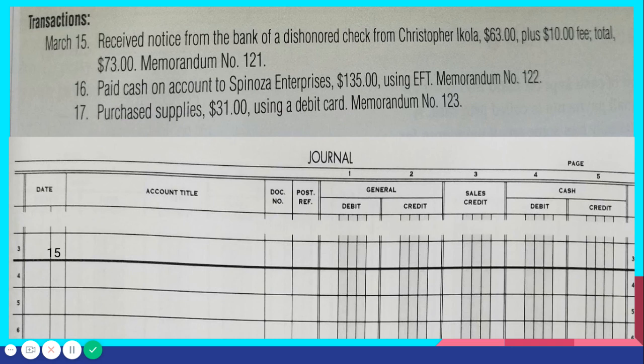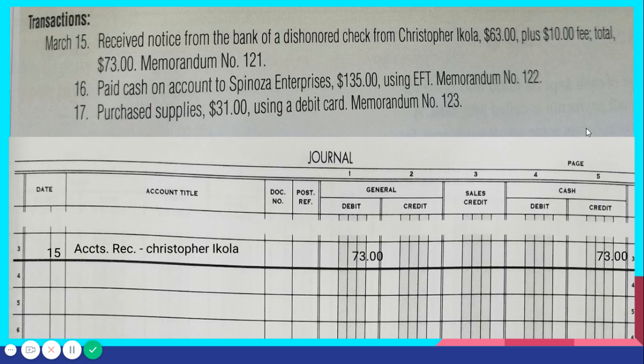We received notice from Christopher, so that would be accounts receivable for Christopher. So we will increase their debt to us by $73, and we will pay it now, $73. So we will get this money back.